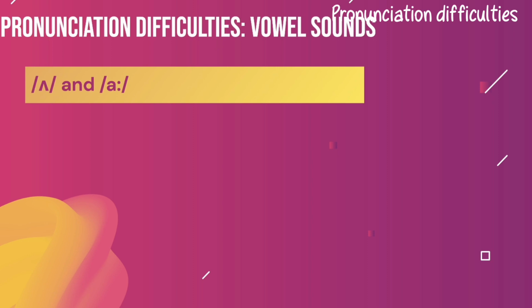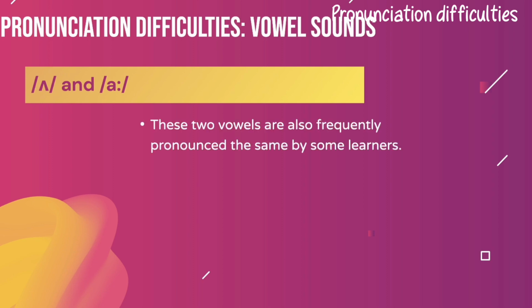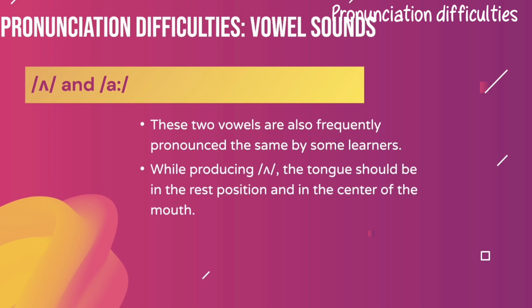And the next one is the two vowels, the schwa-like and the r-colored. These two vowels are also frequently pronounced the same by some learners. While producing the first, the tongue should be in the rest position and in the center of the mouth. On the other hand, the other is pronounced longer and with the back part of the tongue low in the mouth.